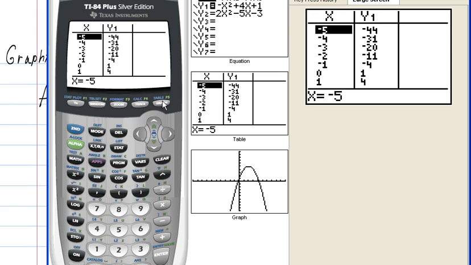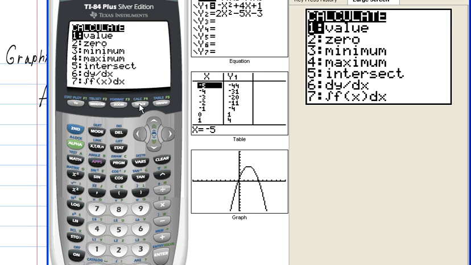But I just wanted to mention that table is a nice place to go to and investigate some ordered pairs. We can't find them. We should be able to on the next one, but not on this one. So let's go to second calc and choose the second feature, the 0 feature. That's going to allow us to find our x-intercepts exactly.